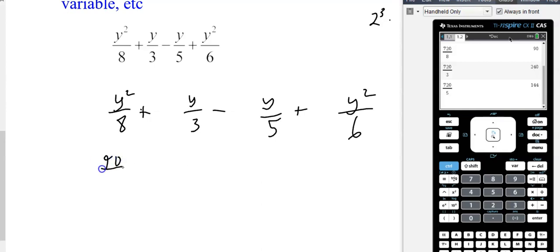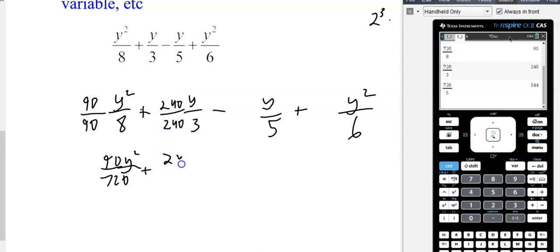So it'd be 90 over 720 plus, or sorry, 90y squared. So we multiplied this one basically by 90 over 90. And 720 divided by 3 is 240, so we're going to multiply by 240 over 240.